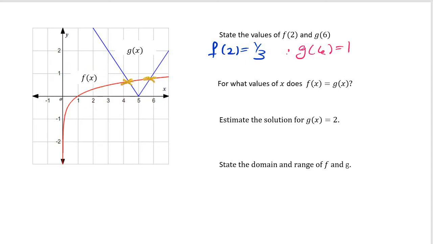How do I know where f of x equals g of x? Well, f of x equals g of x is when the two y values are shared. And so you go and find where the two y values are shared. They had already highlighted this with black dots in this picture I found on the internet. I put little gold around them, and we can see the x values they come from. So now you're given that the y values are equal.